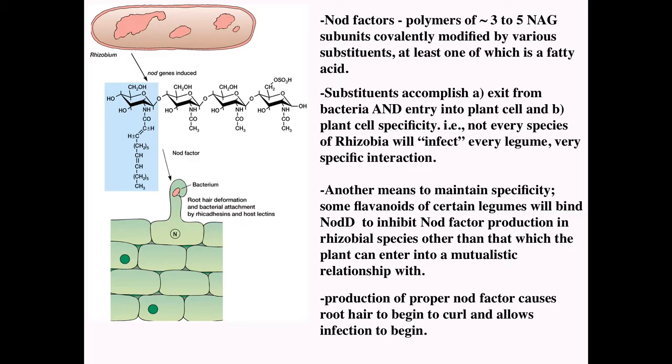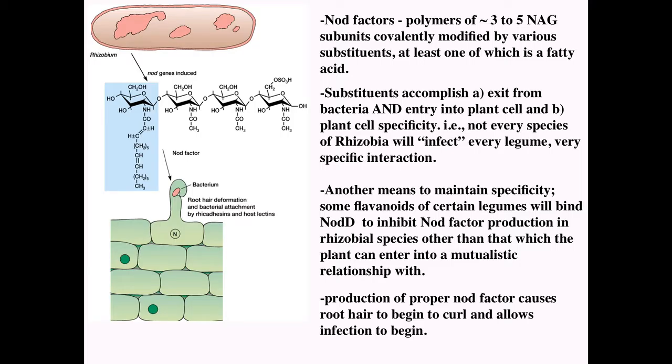So there's another means, so these systems are very highly evolved, and they can help stop competing bacteria from infecting them or even proliferating. Because sometimes the flavonoids from certain legumes will bind to the NOD-D protein of the wrong species, of a species of bacterium that might compete with the bacterium that they want.